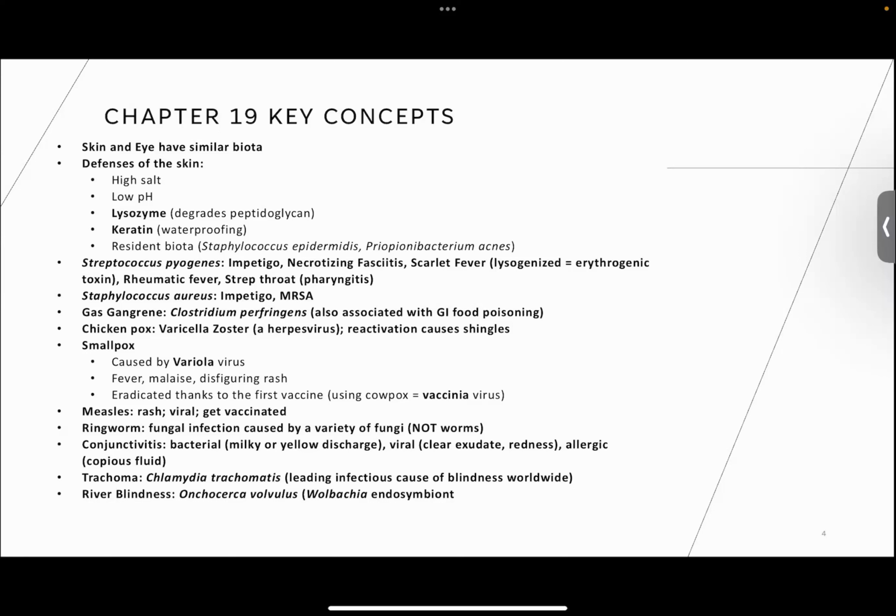Next, we have gas gangrene. Of course, this is going to be a deeper tissue infection. We've skimmed right over cellulitis, but that'll be a tissue infection as well. But gas gangrene being caused by Clostridium species is going to be gram positive. Remember, all of our endospore forming bacteria also happen to be gram positive.